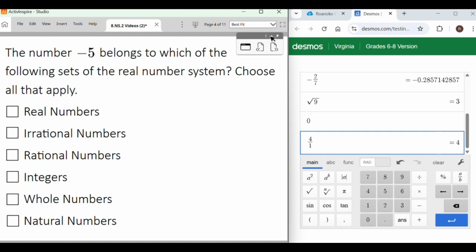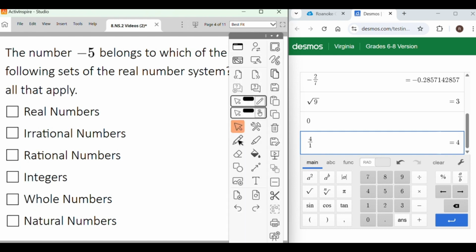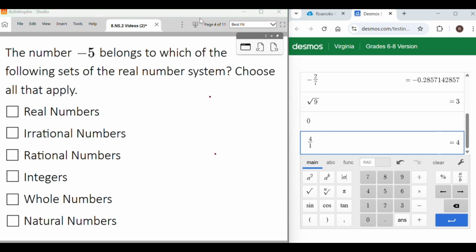rational, and real. Let me get my stylus so I can do that for you. Okay, so we have integers, if it lets me write. So again, we're going to see that negative 5 belongs with integers right here.